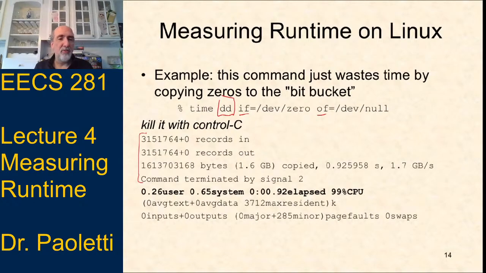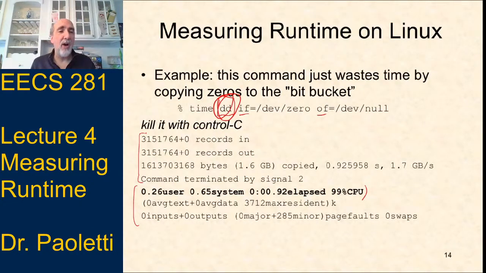So then this is the output of dd telling me what it did. It read some stuff, wrote some stuff, and then this is the output of /usr/bin/time with the most important one bolded. So it says 0.26 user, 0.65 system, 0.92 elapsed, 99% of the CPU. So what this is saying is user time is how long this program, dd, took.